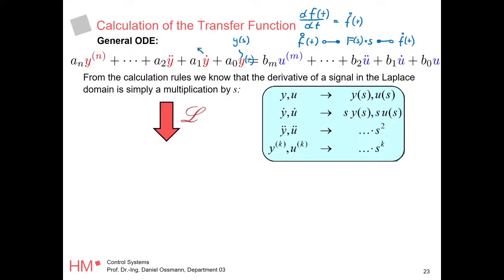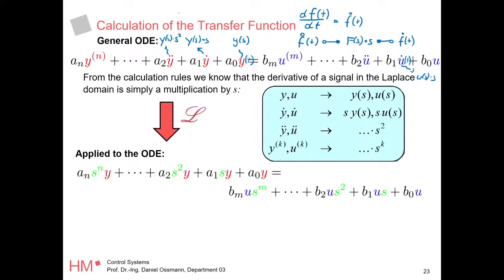If we transfer this guy, it's going to be y of s times s, because it's a derivative. If we transform this guy, we're going to do the derivation twice in the Laplace domain, so it's simply s squared. Same goes for u. If we want to have u of t transferred into the Laplace domain, it's going to be u of s times s. Okay?